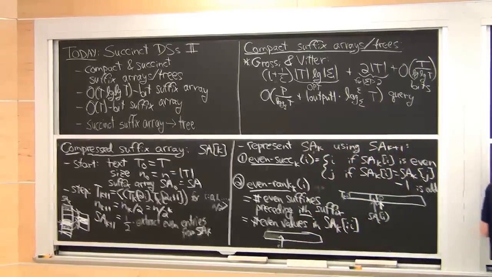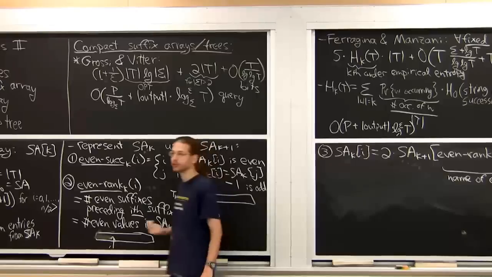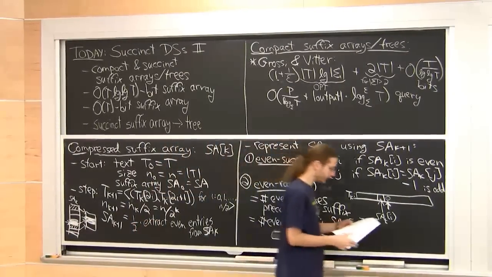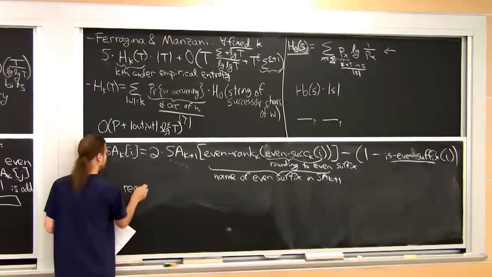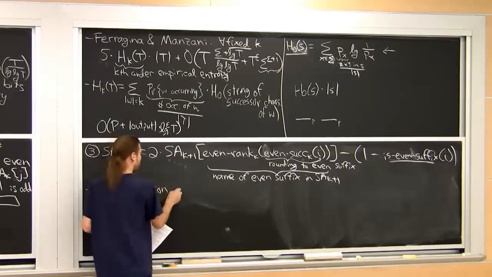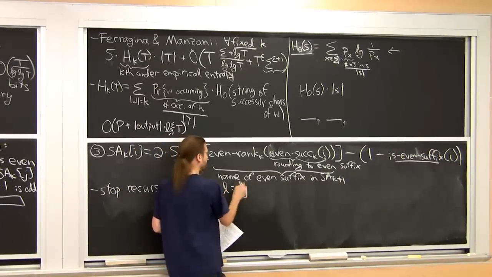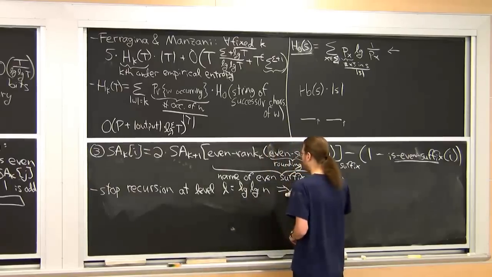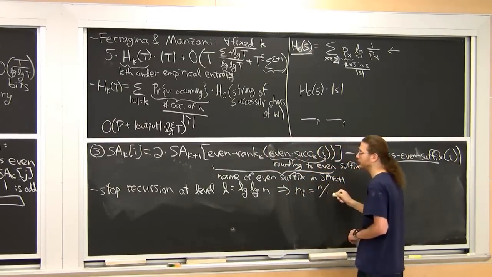Okie dokie. One other thing that remains is to say when to stop this recursion. I claim it's enough to just do this recursion for log n levels. I'm going to call log n L, the number of levels in this recursion, because at that point n_L equals n over 2^L, so that's going to be n over log n.